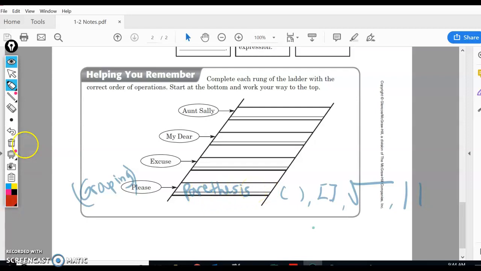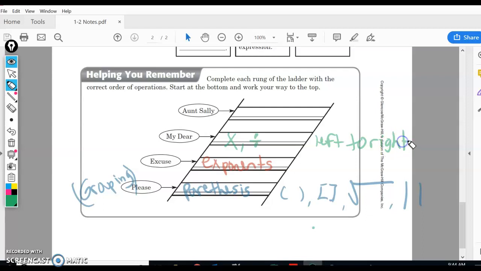Next, Excuse stands for exponents. Do those after the grouping symbols. My dear stands for multiplication or division, but in this case, multiplication doesn't always come before division. You need to worry about what comes first, left to right.